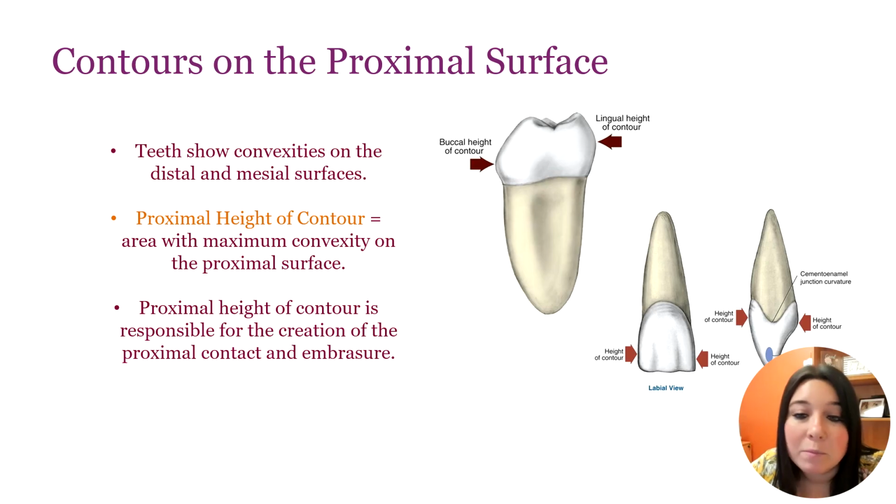It's going to keep the teeth from moving and shifting. It also prevents food from getting stuck in between teeth and facilitates hygienic cleaning. A poor or defective proximal contour will cause food impaction, which can lead to decay. It'll be harder to clean in between your teeth, and that could lead to periodontal issues and also recurrent decay.